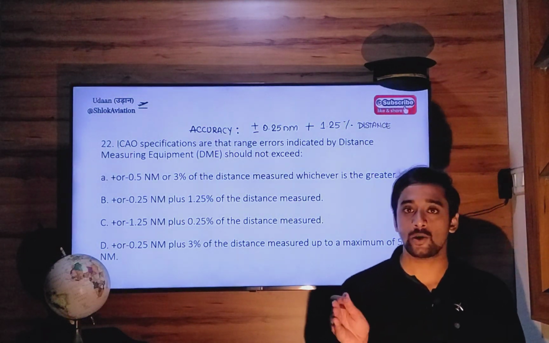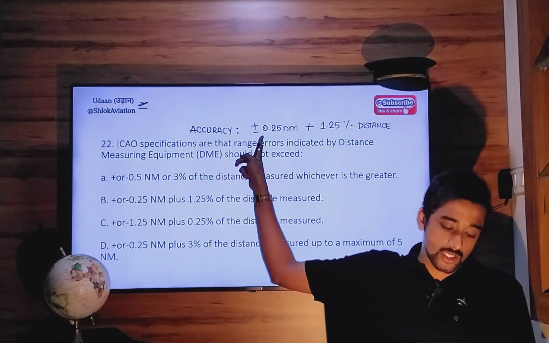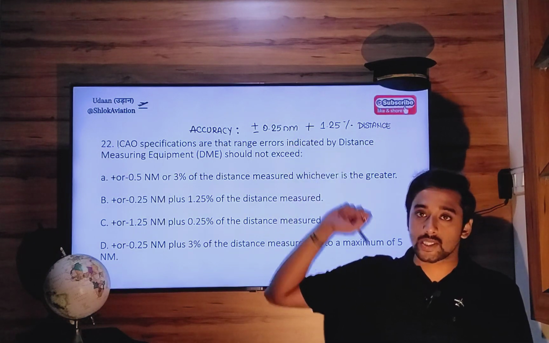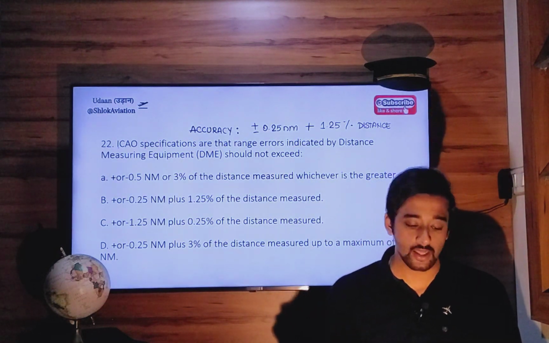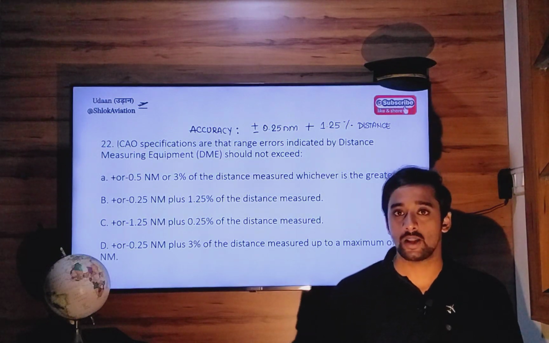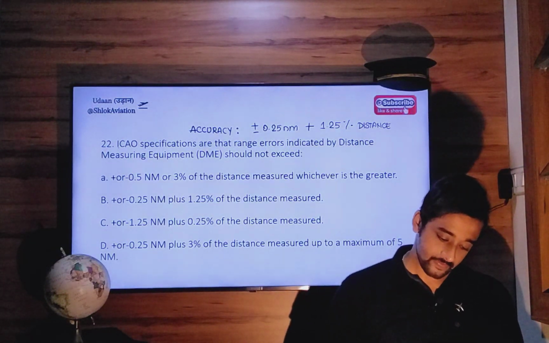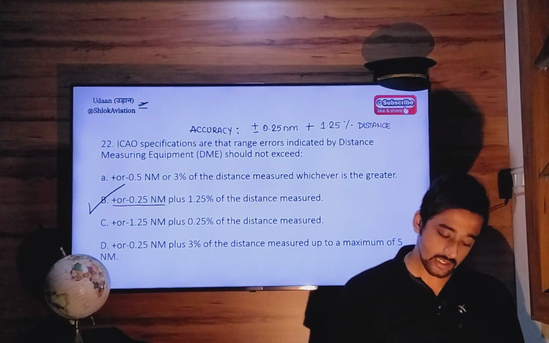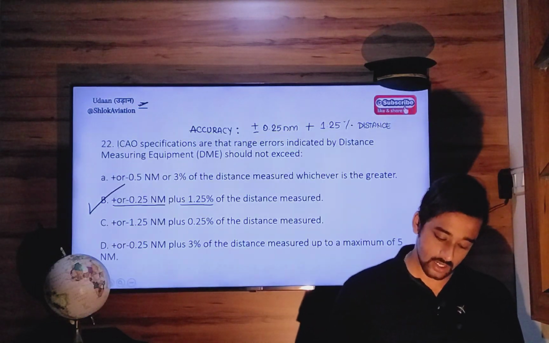Let's say you are 100 nautical miles away from the DME station. So plus minus 0.25 nautical miles plus 1.25% of 100 nautical miles. Whatever distance is measured in the question, you have to calculate the percentage value of that particular distance. So the correct option here will be option Bravo. Plus minus 0.25 miles plus 1.25% of the distance measured.